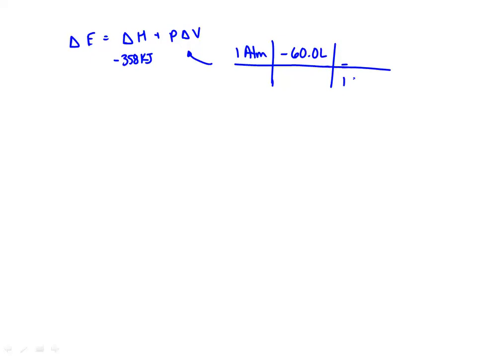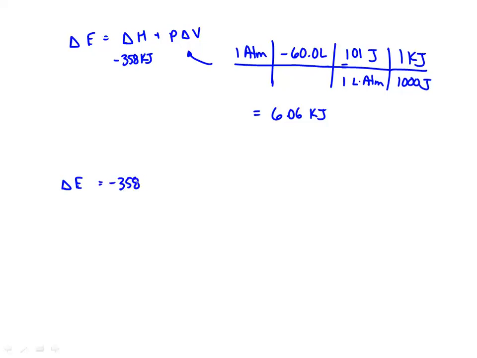So 1 liter atmosphere is 101 joules, and 1,000 joules is 1 kilojoule. For that part, I get 60 times 101 divided by 1,000, which is 6.06 kilojoules. And so delta E is equal to minus 358 kilojoules plus 6.06 kilojoules.